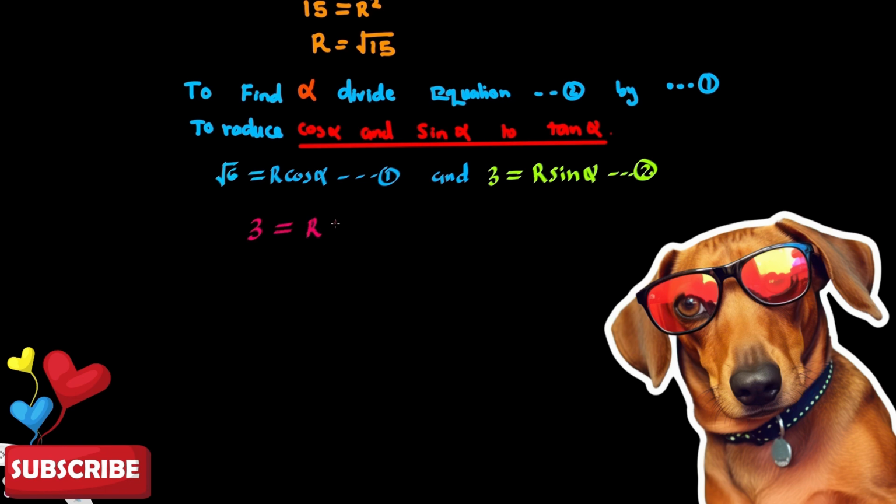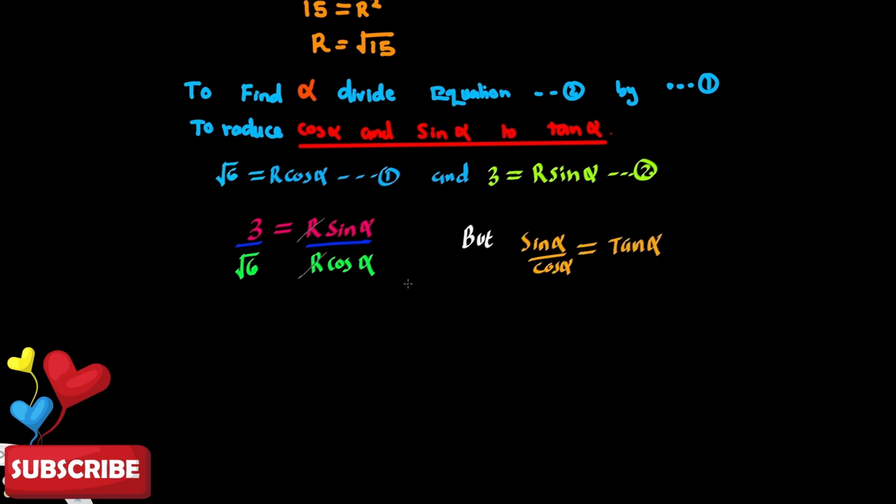We're going to have this written like this, and then divide by root 6 divide by r cos alpha. And you can see now the right hand side is going to cancel, r is going to cancel out, and we are going to remain with 3 over root 6 equals sine alpha over cos alpha, and sine alpha over cos alpha can be replaced with tan alpha.